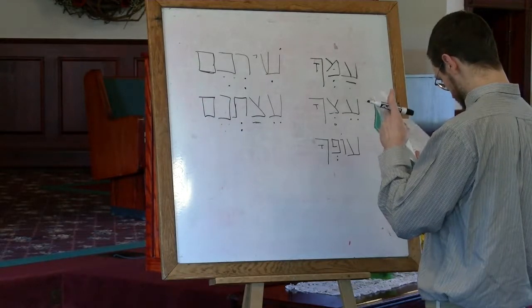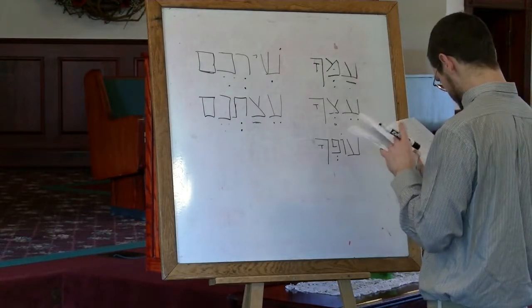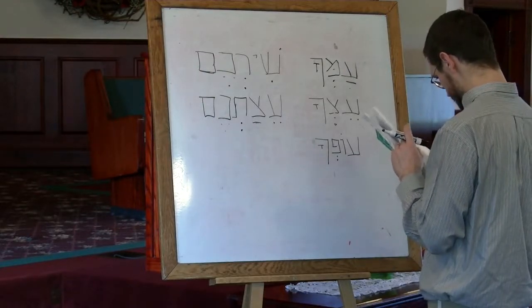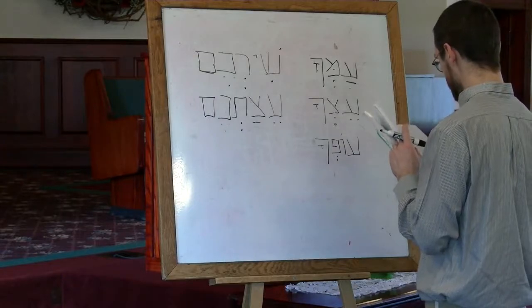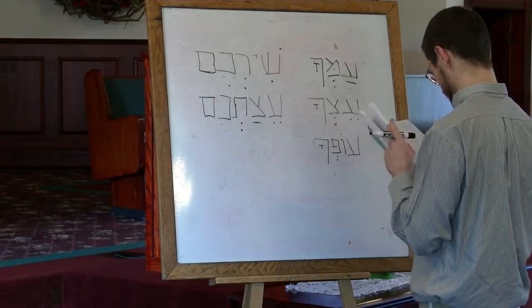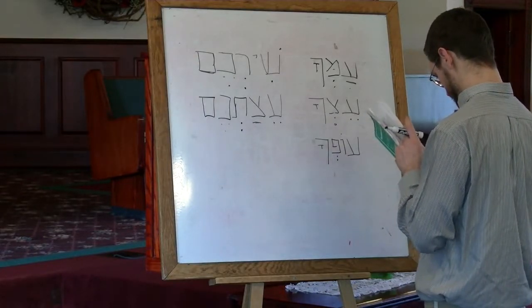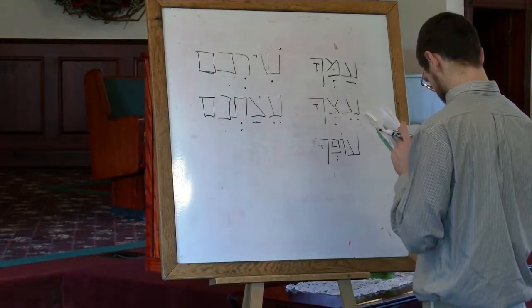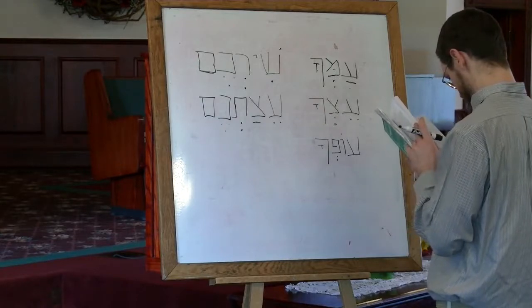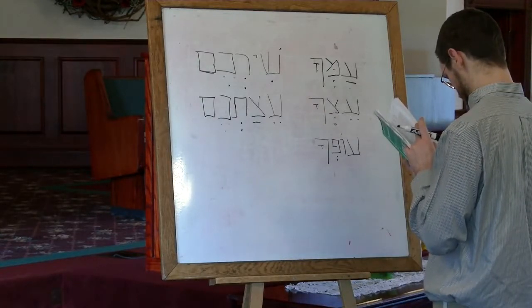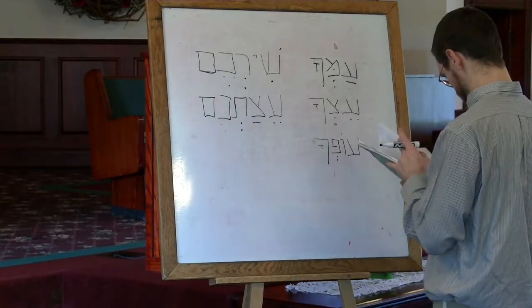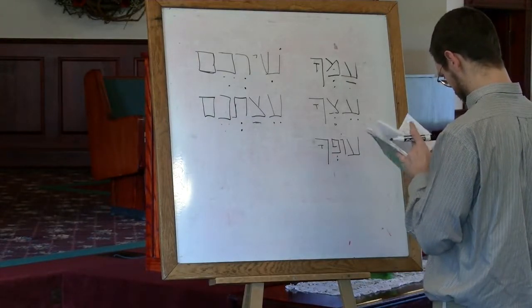And here you have these different columns. And those columns, on page 285, he tells you what those columns are. The columns are the absolute singular, construct singular, singular with first person singular suffix, absolute plural, and construct plural. So Eitzah, what number was it, 54, right?